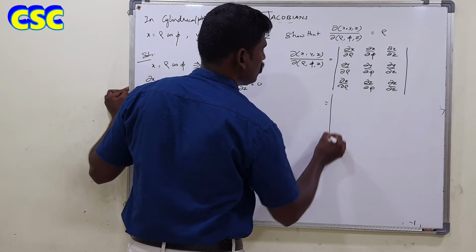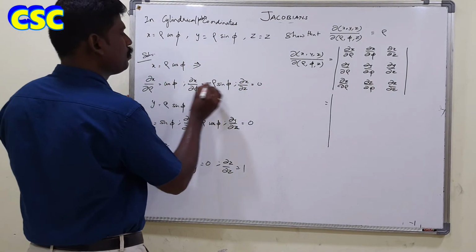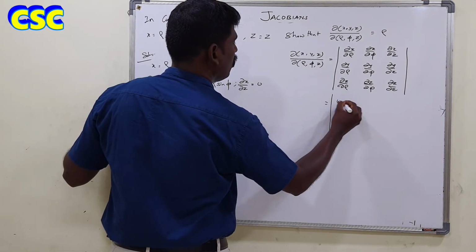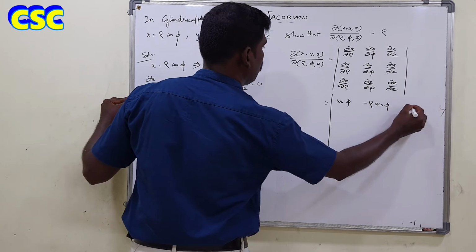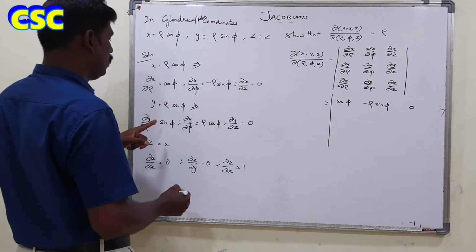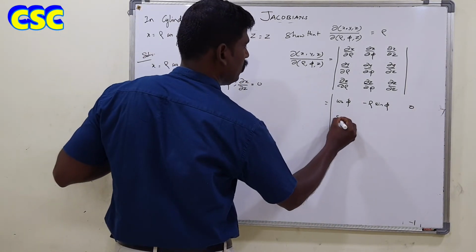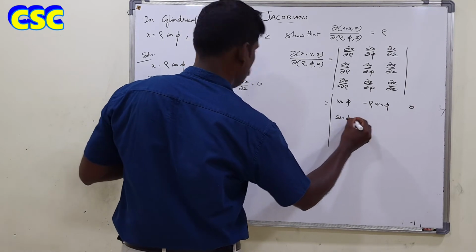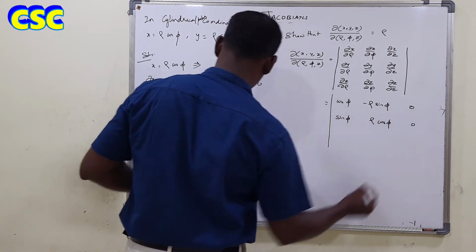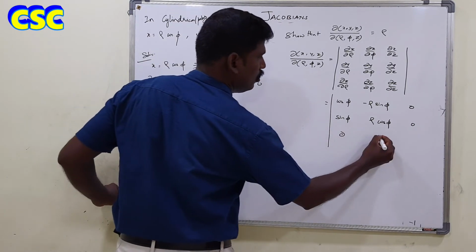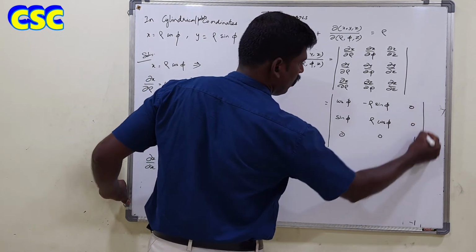Right? Substitute all these values here: cos phi, minus rho sin phi, 0, isn't it? And then sin phi, rho cos phi, 0, and then 0, 0, 1.